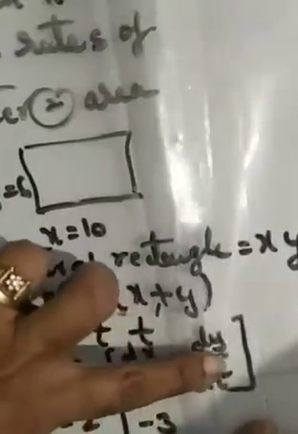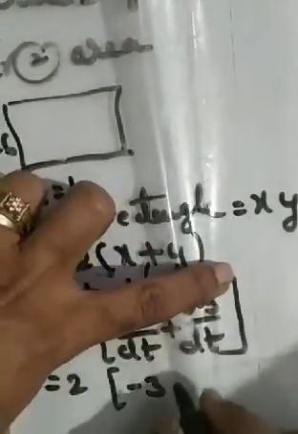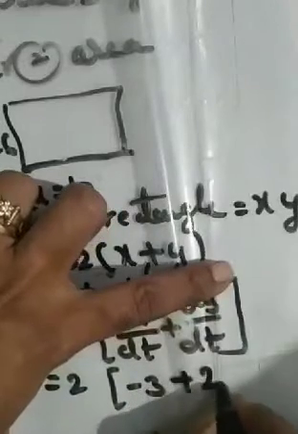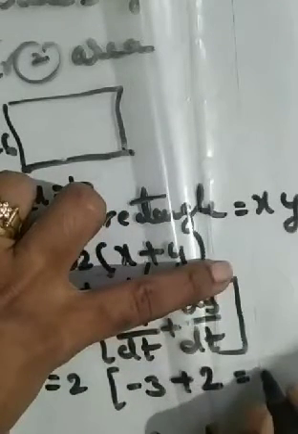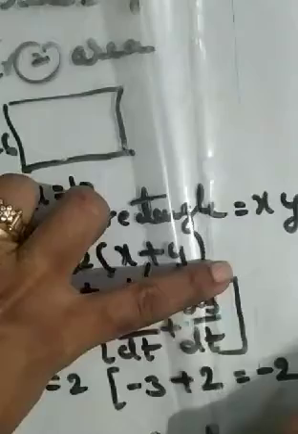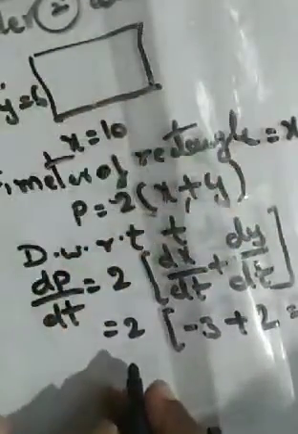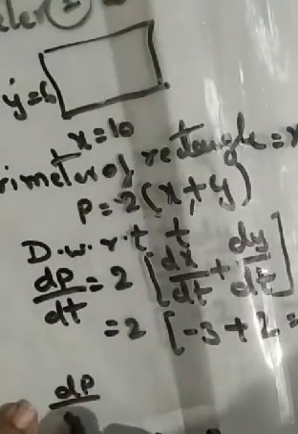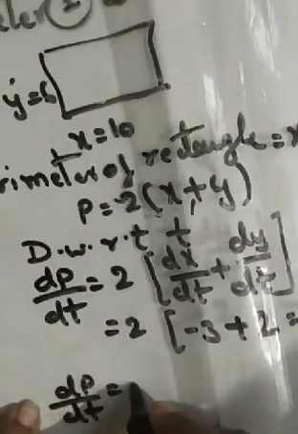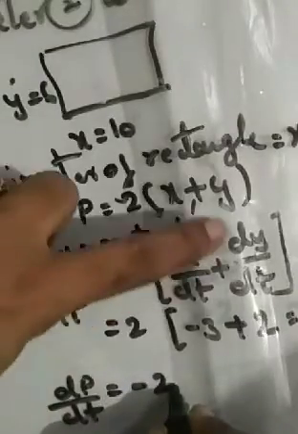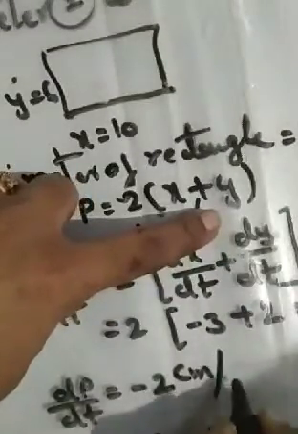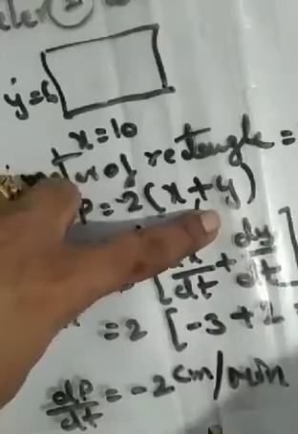Minus 3. What is dy by dt? Plus 2, which is equal to minus 2 is the answer. So what will you give as the conclusion? dp by dt equals minus 2 centimeter per minute.